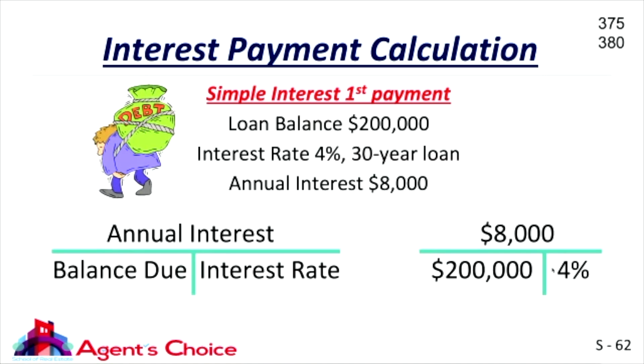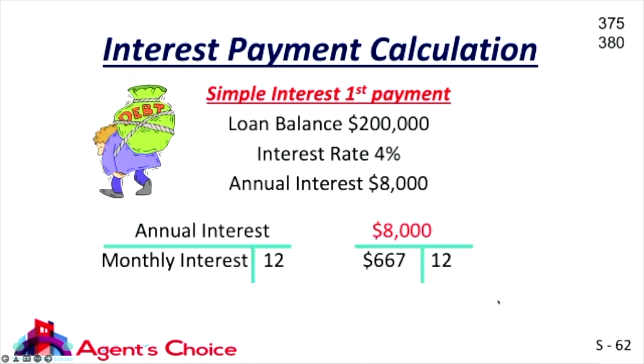Okay, so the example here in the slide, we know our loan balance is 200,000. Our interest rate is 4%. It's a 30-year loan. The annual interest, we get by multiplying the loan balance by the interest rate. That gives us our annual interest, which we can turn into monthly interest by dividing it by 12. So with our monthly payment, $667 of that month's payment is going toward interest.